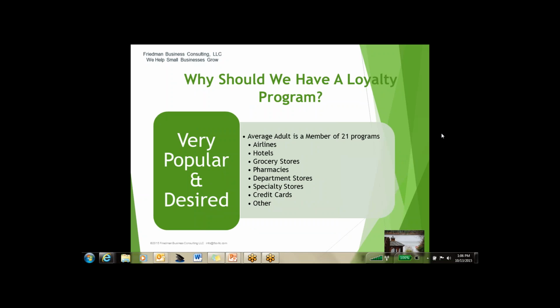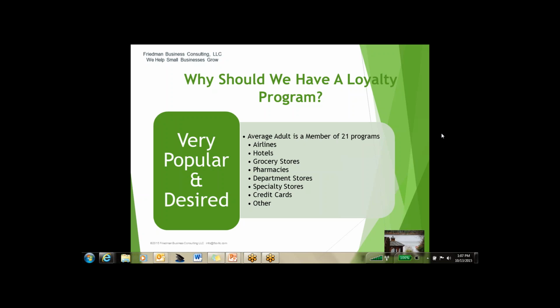The National Retail Federation every year ups their figures on this, but the most recent one at the beginning of last year said the average American adult is a member of 21 loyalty programs. Think about it: airlines, hotels, grocery stores, pharmacies, department stores.